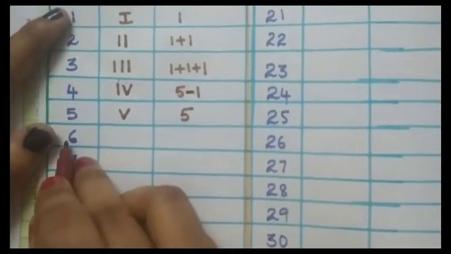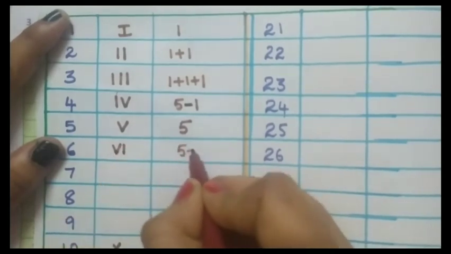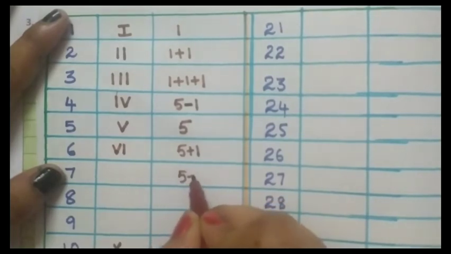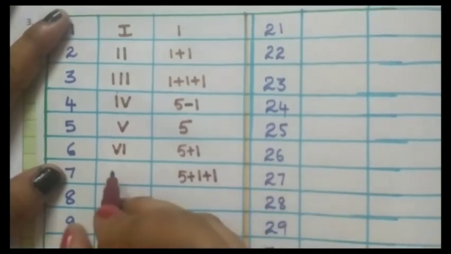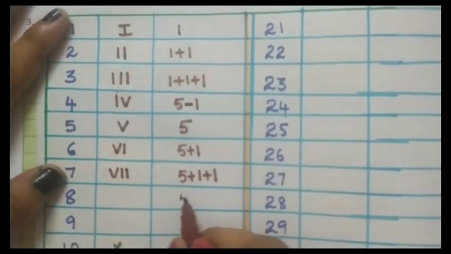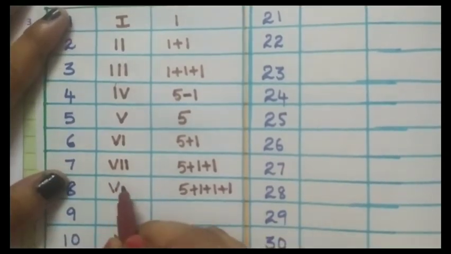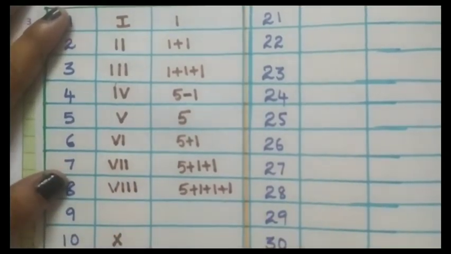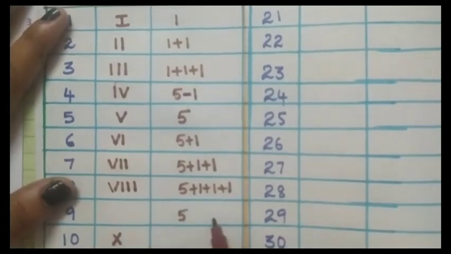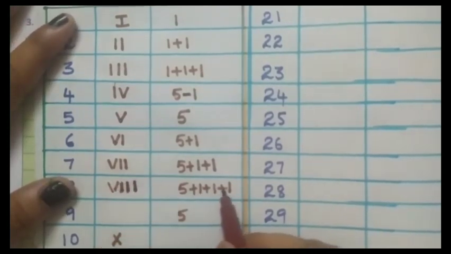Next, 6. 6 means we have to add 1: VI, 5 plus 1 is 6. Next, 5 plus 1 plus 1 is VII. Again, 5 plus 1 plus 1 plus 1 is VIII. We cannot write I four times, because I should be repeated only 3 times.